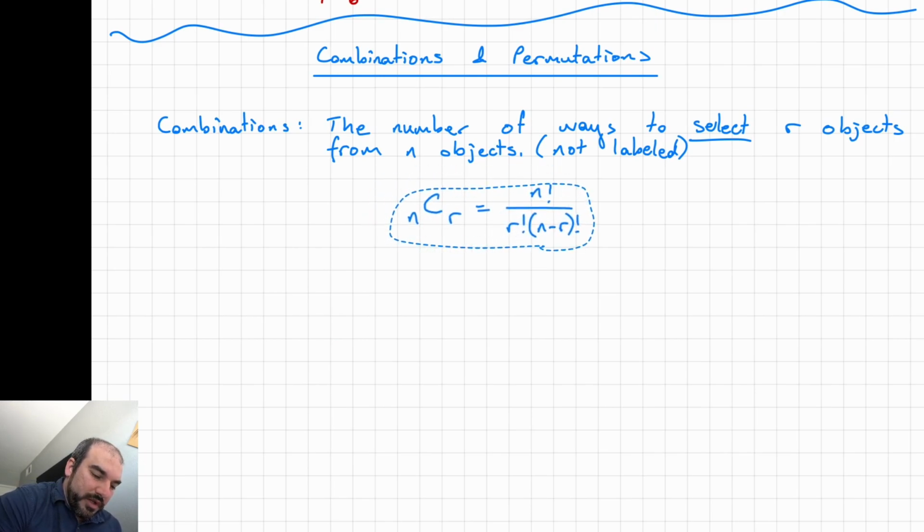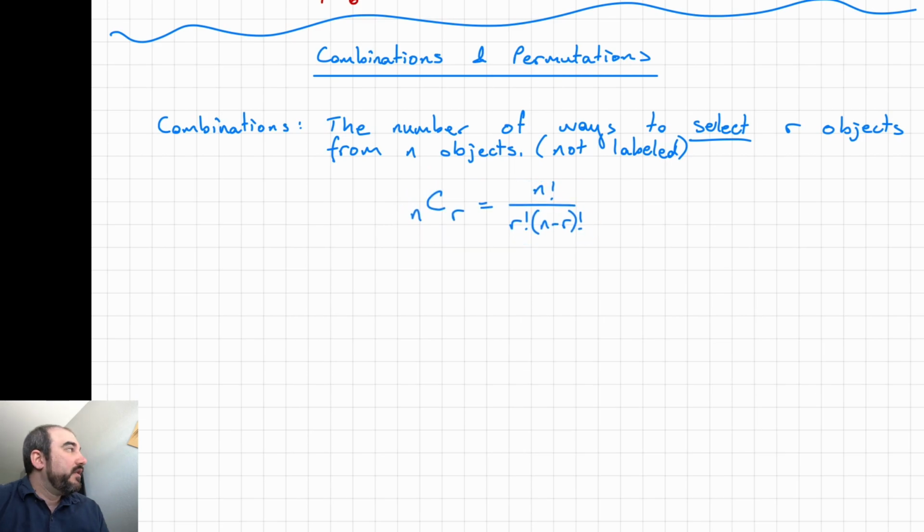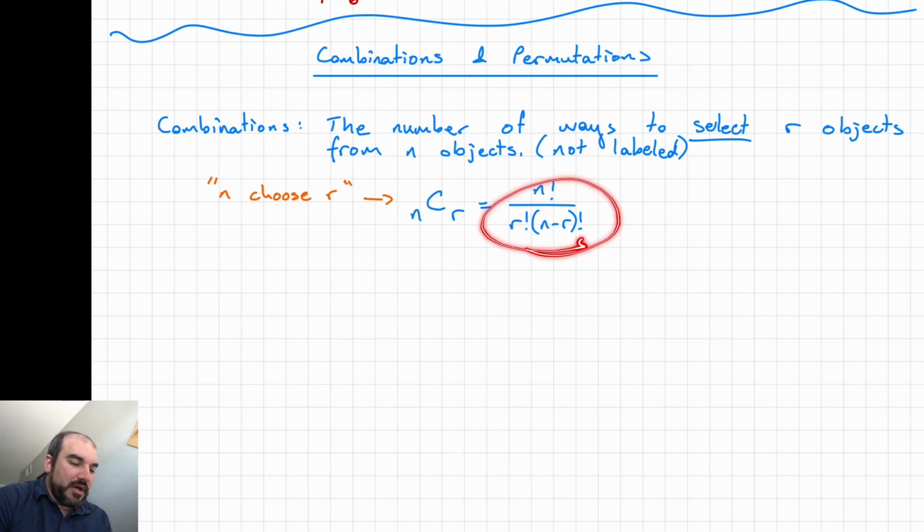All right, we have a formula for computing this nCr. We're going to read this as n choose r, meaning there are n objects, and I'm going to choose r of them. The result of this formula is going to tell us how many ways there are to select r objects from a group of n.